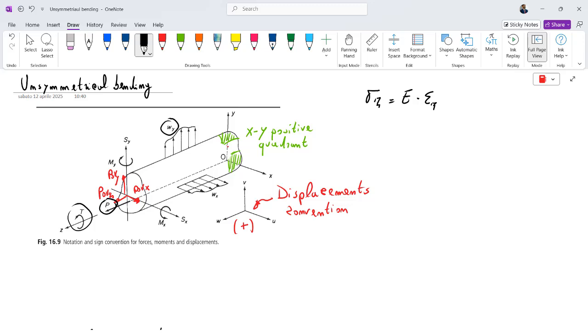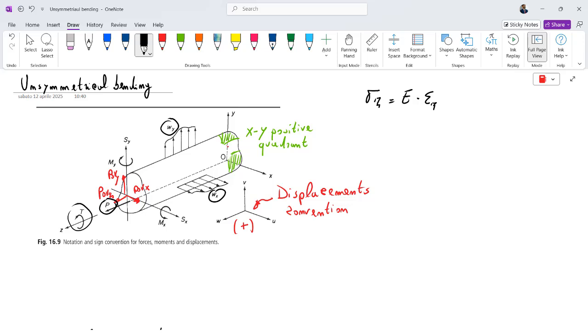Wy and Wx are not the web thickness as explained in the exercise in the last video, but are related to the distributed load applied in the y or x direction. Instead, the references with lowercase letters v, w, and u are the displacement reference frame and the displacement convention for the positive displacement.